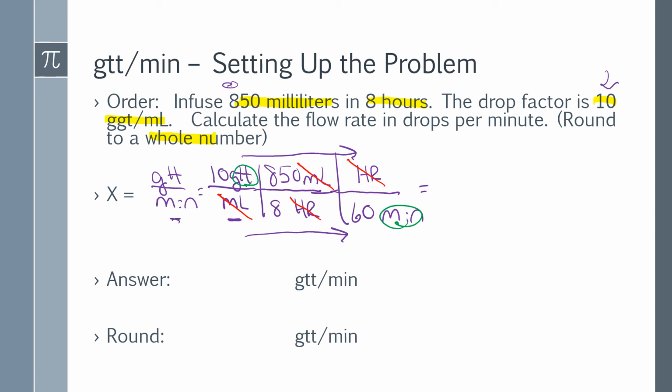I drive you to this because when you start doing more complicated problems like compound problems, for example, micrograms per kilogram per minute, it's going to be very imperative that you keep these things together. So we have 10 times 850, and then on the bottom, we have 8 times 60.